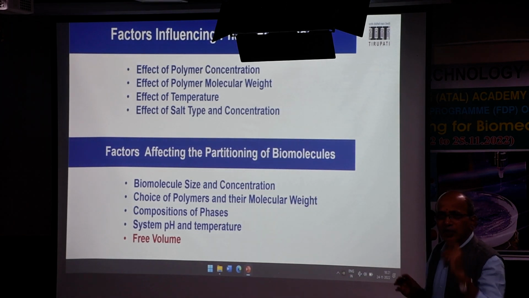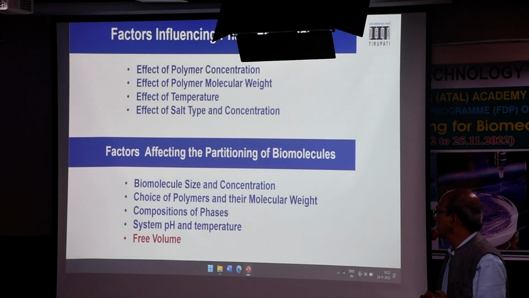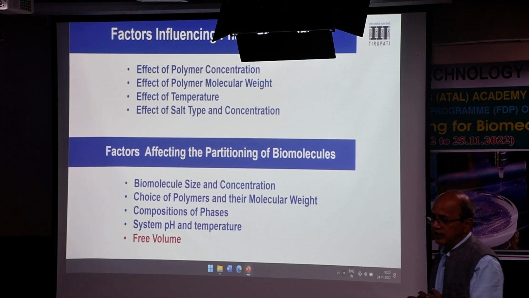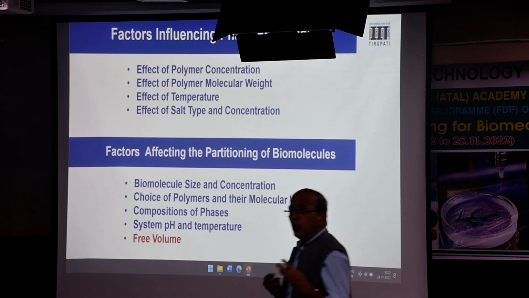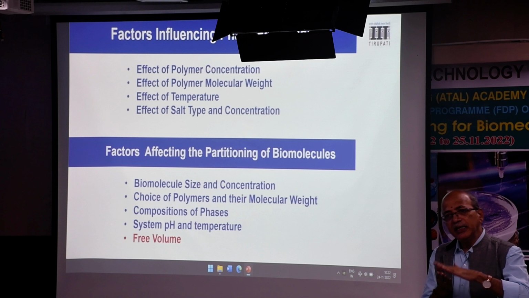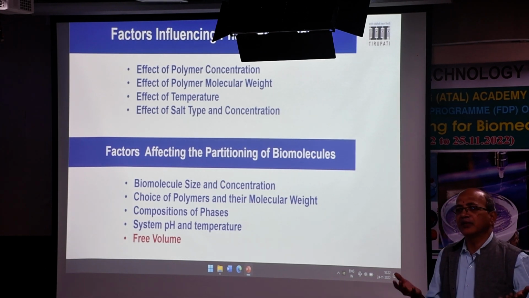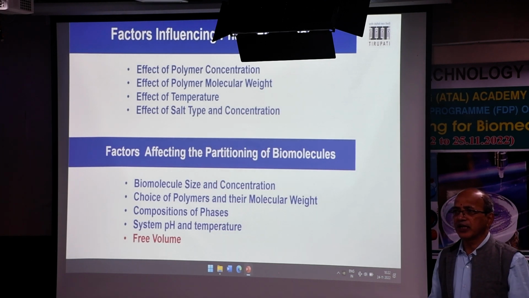Effect of temperature is not very strong. It is not a strong function of temperature. And salt type and concentration, these are neutral salts. Yes, they have an effect on the partitioning. Then if I put a biomolecule in these two systems, it will partition selectively to one of the phases. That's what the meaning of extraction is, either organic or aqueous, two-phase aqueous.